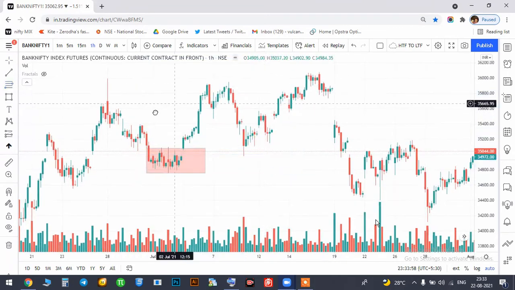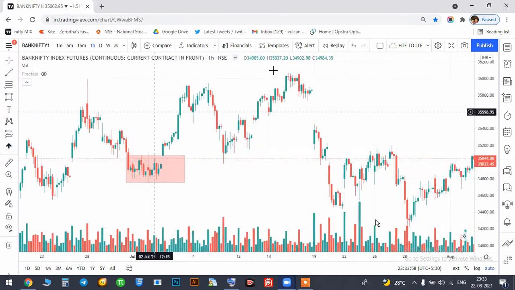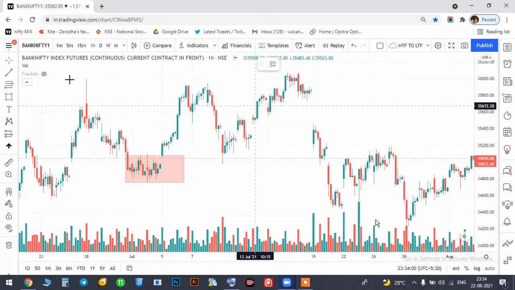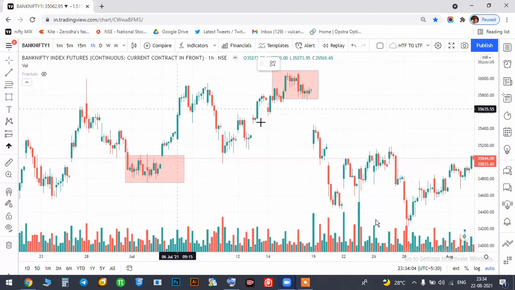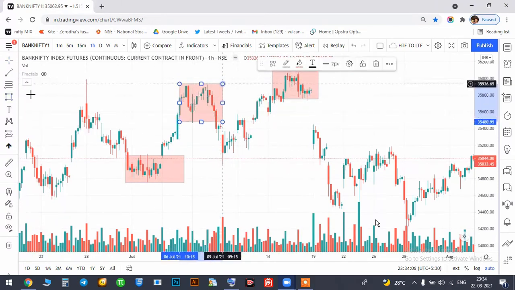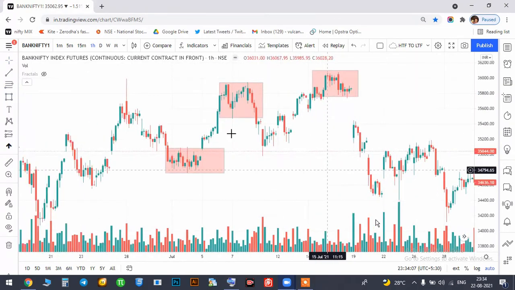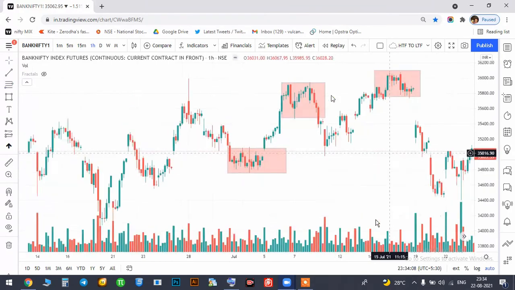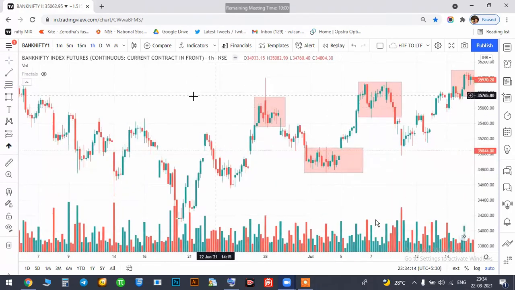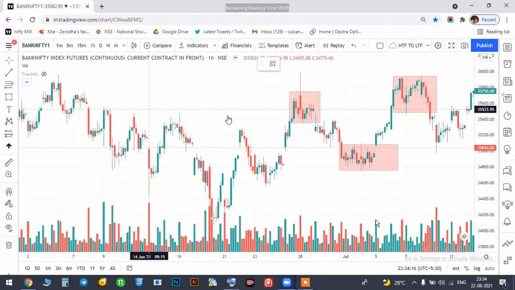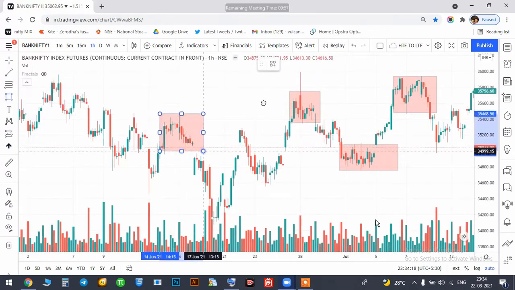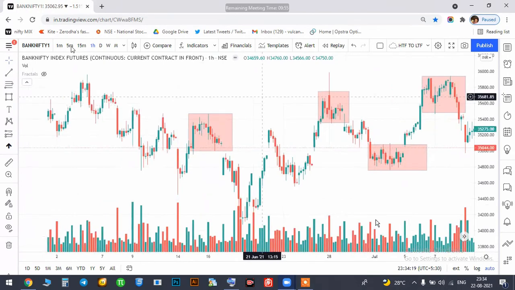And most of the time you see that the market is always range bound. So when you are an option buyer, you will not make money out of it. See, range bound, you can't make money. For a few time frames it works as trending, but in most cases it will work as range bound.